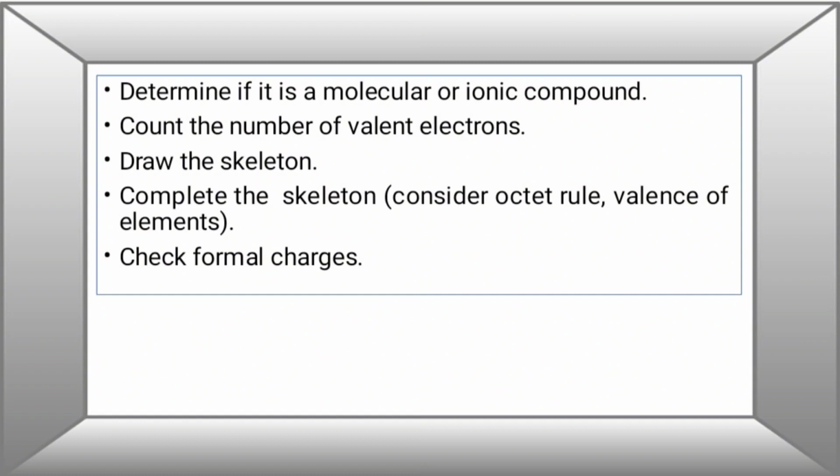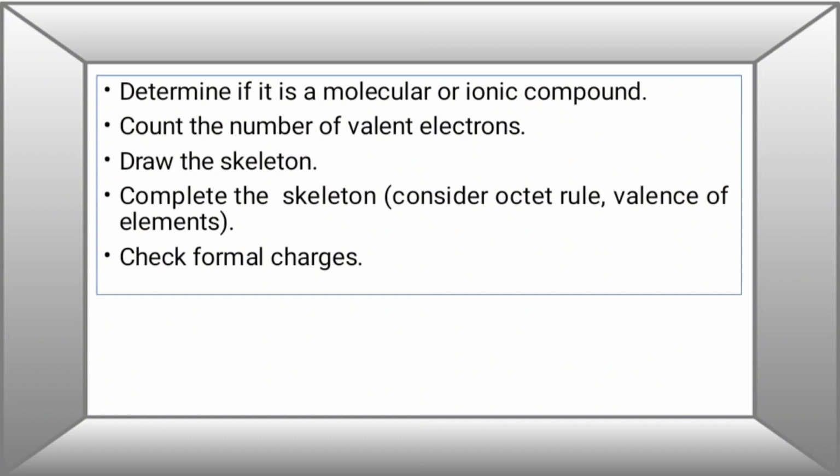The second one, we have to count the number of valence electrons of each element. So we just summarize the numbers of valence electrons of each of the elements, and find the overall number of valence electrons or pairs. If we have 16 electrons, it will be like 8 pairs.